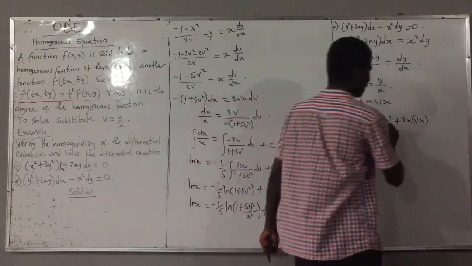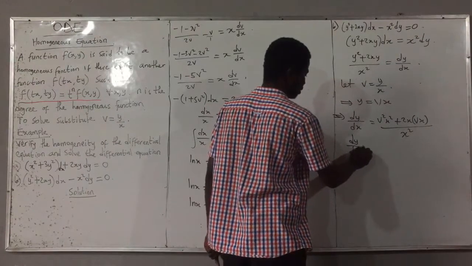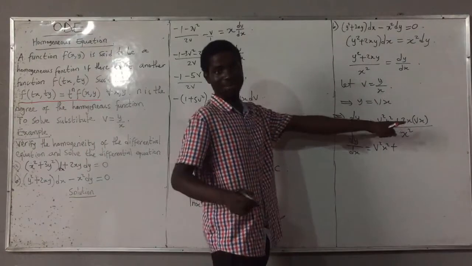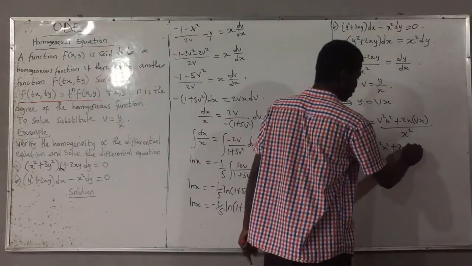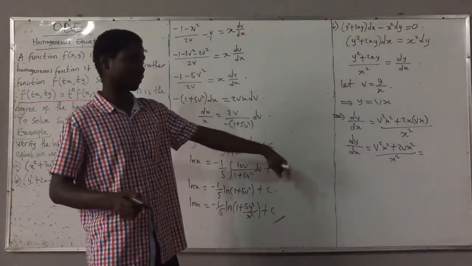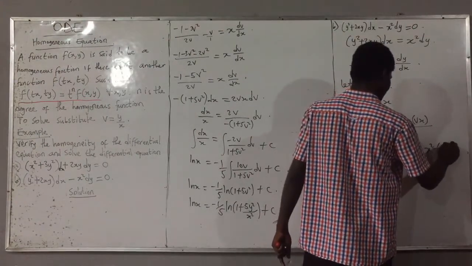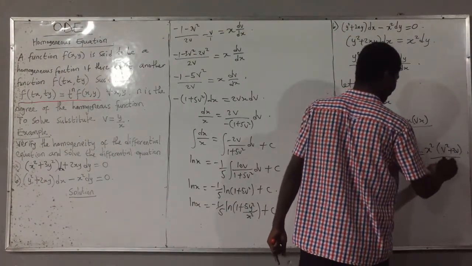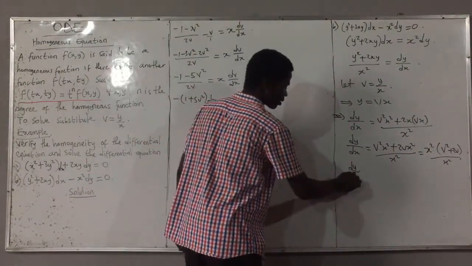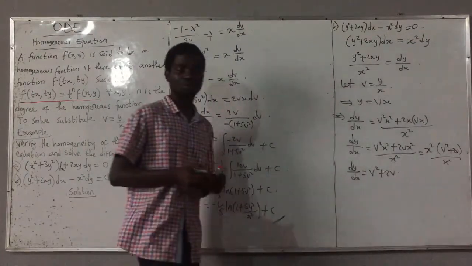You can see all over x squared. Now dy/dx is equal to v squared x squared plus x times x is x squared, so plus 2v x squared all over x squared. x squared can be factorized at the numerator. You will be left with v squared plus 2v all over x squared. So x squared will cancel x squared. You will be left with dy/dx equal to v squared plus 2v. That's what you will be left with.